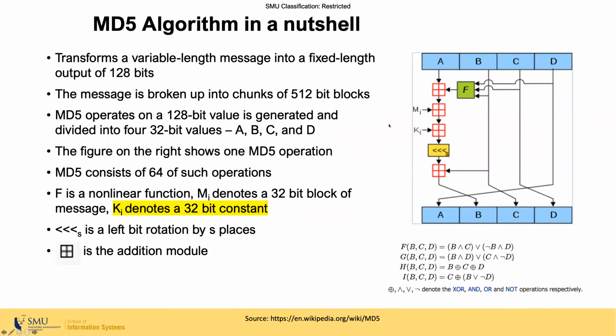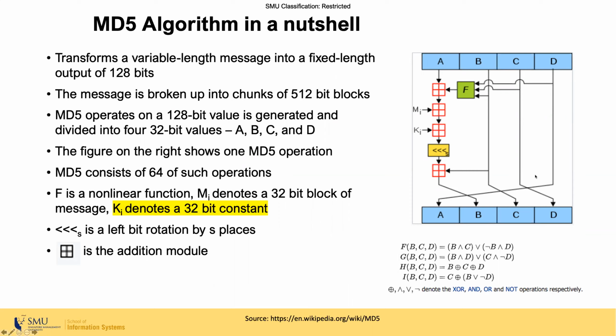To give you a better intuition about how MAC works, and why MAC is called a keyed hash function, let me use this slide, but take note that you don't really need to understand the steps involved. This slide is just to show you some of the steps involved in a standard MD5 hash function.